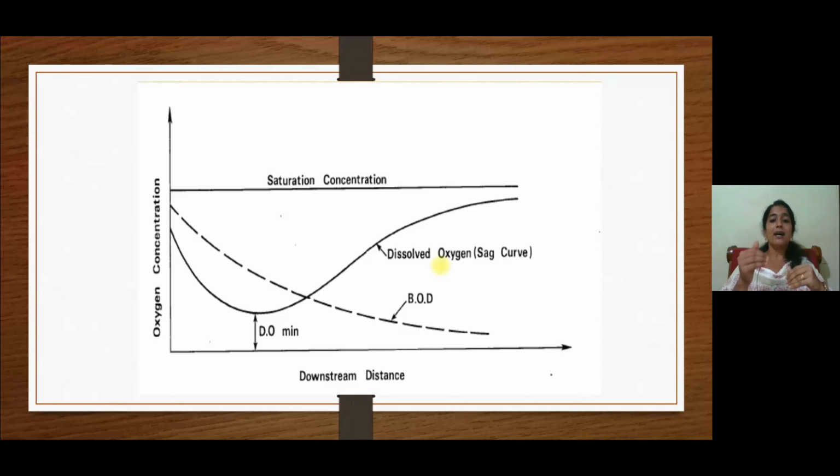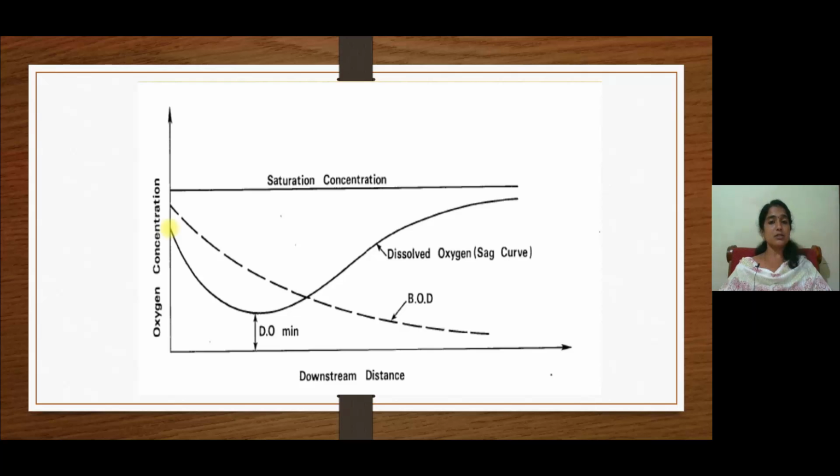You can see the actual dissolved oxygen curve, that is the sag curve. In the y-axis, you can see the point which is considered as the mixing point or the point of disposal, where the dissolved oxygen content is less than the saturation concentration.